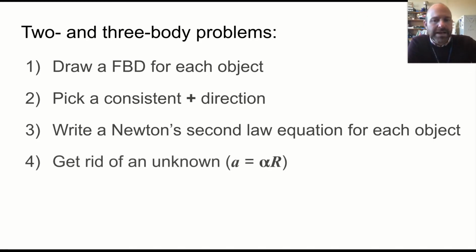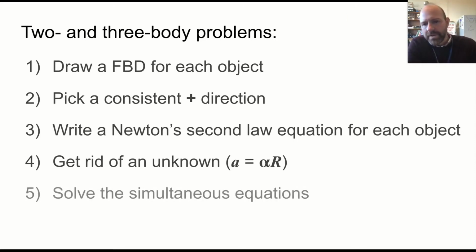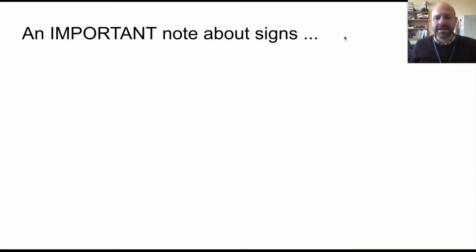We get rid of an unknown, and usually that means we take the translational acceleration and the angular acceleration and connect them using the relationship that the tangential or translational acceleration of a point a distance r from the axis of rotation is equal to the angular acceleration multiplied by that r. Then we solve a system of simultaneous equations.